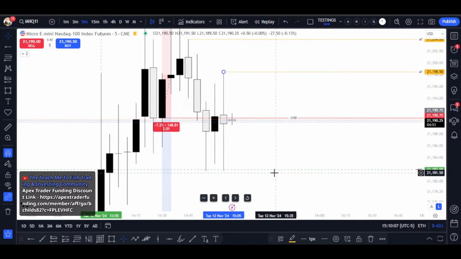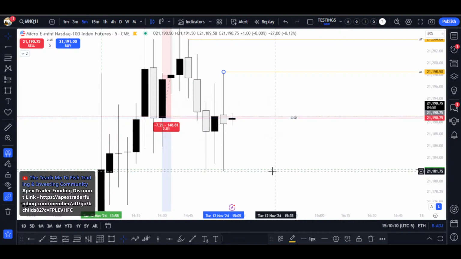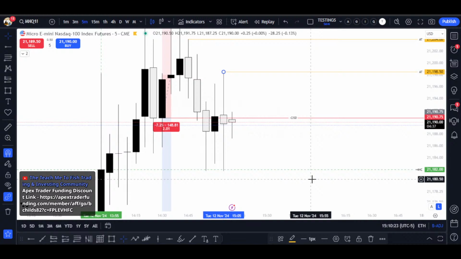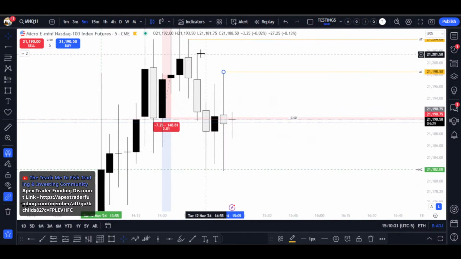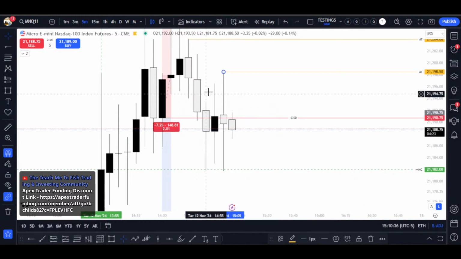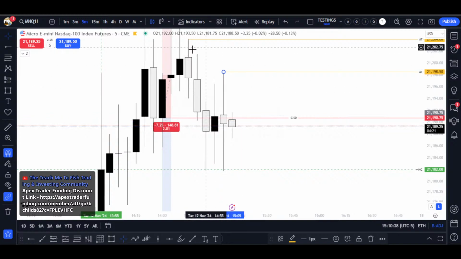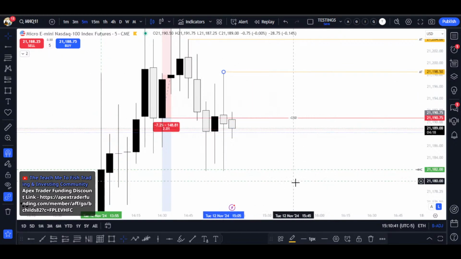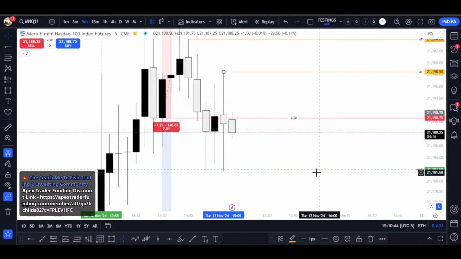So again, I like to see these algo targets remain open, just for right now, because that's just gonna give me more conviction on price heading to the upside once I get my bullish entry below 21,182.